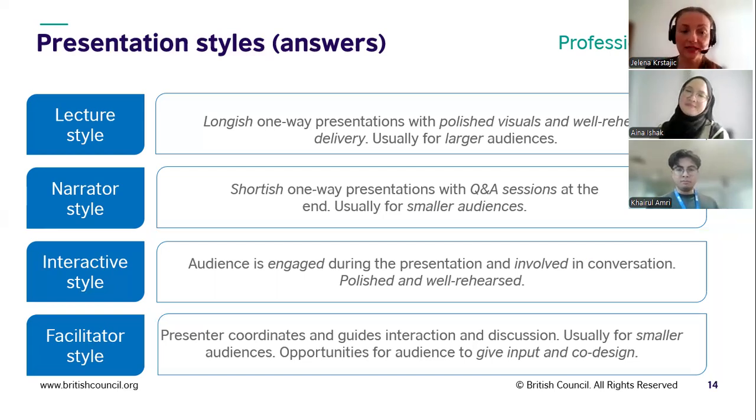Sometimes, as we can see, the facilitated style is just there to guide interaction and discussion. And the main input actually comes from the audience. It's not necessarily from the person, the presenter. So I think it's really nice just to understand these different styles that depend on the already mentioned elements.